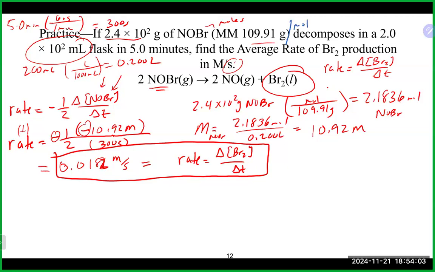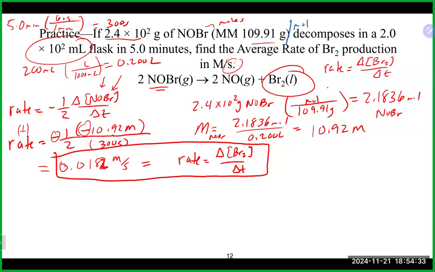The importance of the negative and positive is BR2 is a product. So when we're talking about how BR2 is changing with time, we do need that positive number, which is what we ended up with. So you just watch the negative and positive signs. If you end up with, like we did previously for our reactant, a negative number, it's decreasing with time. Here, with a positive number, it means it's increasing with time at that rate.